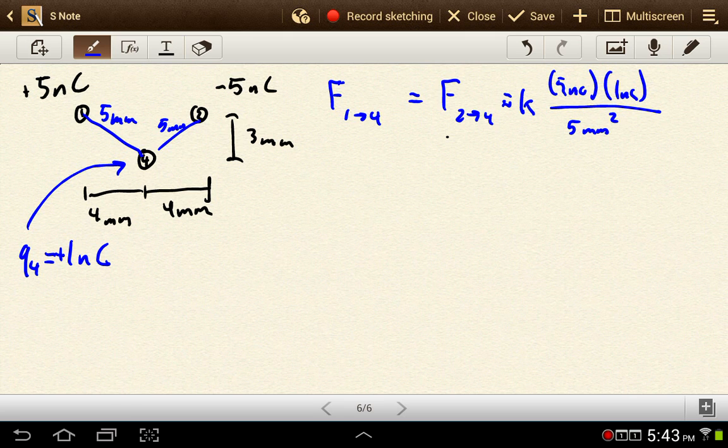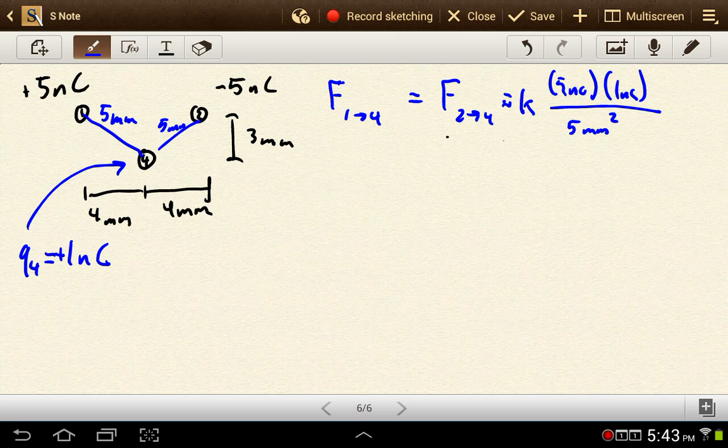And so that will come out to be, let's see, K is 9 times 10 to the 9, and a nano is 10 to the minus 9. So we get a minus 18 up here and a plus 9 on this, and then the millimeters squared counts as a plus 6.